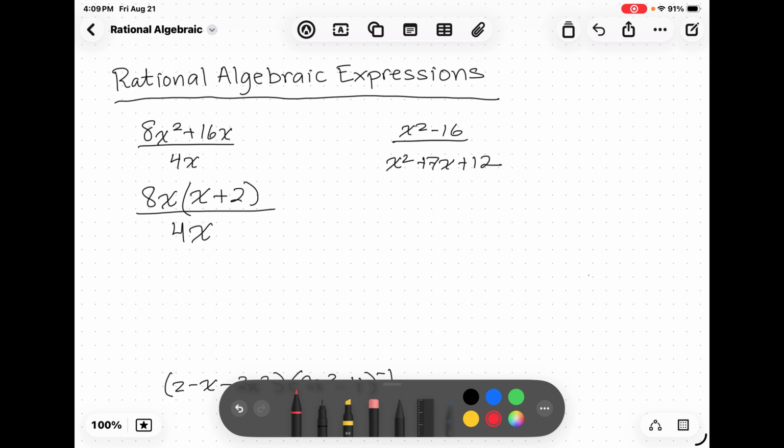Now I've got factors. Are there any factors in common where I can cancel? Yes. I can do a 4 with a 4 here, leaving a 2. I can cancel that x with that x. And that leaves me with 2x plus 2.